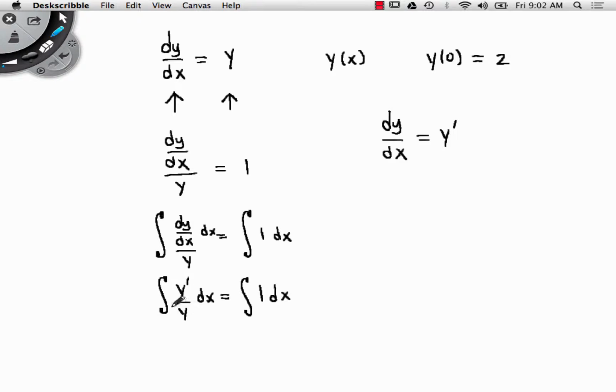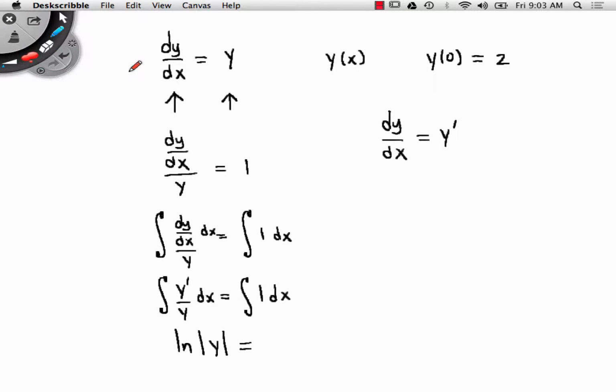And does anybody know what this is right here? If you don't, that's okay, because it's brand new. This is equal to the natural logarithm of what? Absolute value of y. Now, let me convince you that that's true.